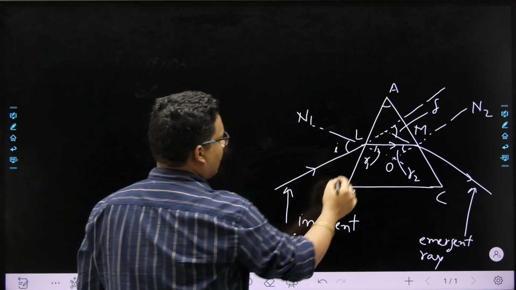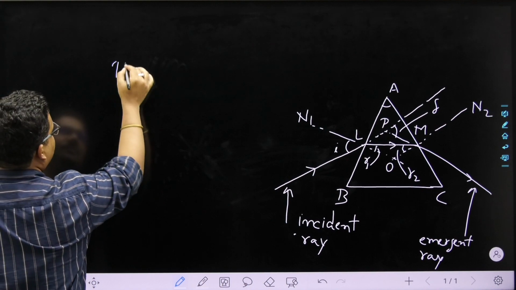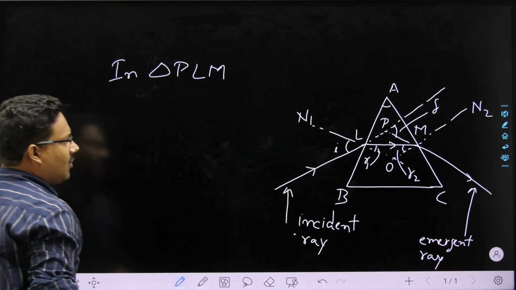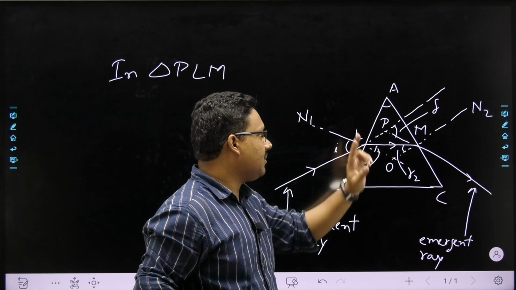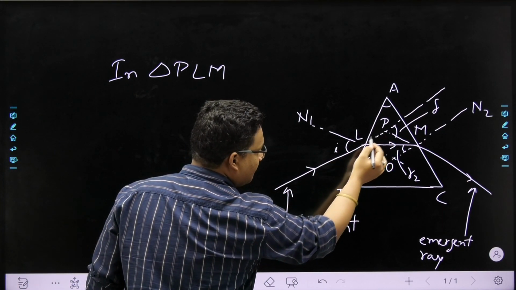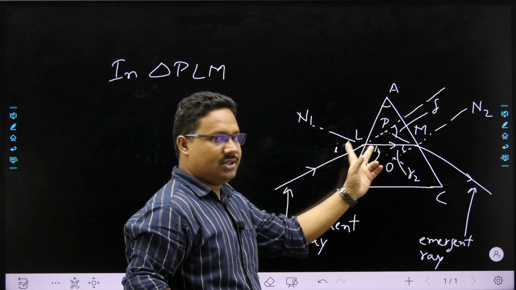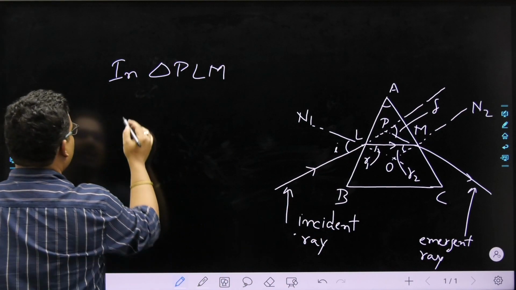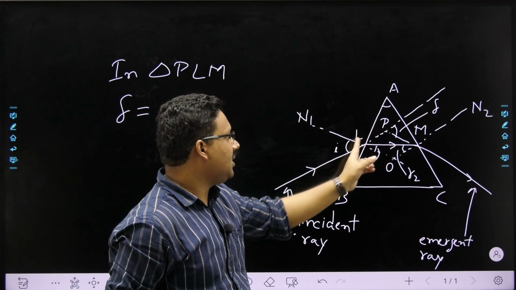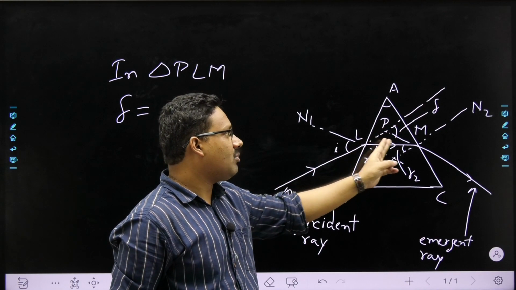Let us see in triangle PLM. Look, this angle is I, so angle PLO is also I, because these are opposite angles and are equal. Now, in triangle PLM, we know that an exterior angle is equal to the sum of the two interior angles.